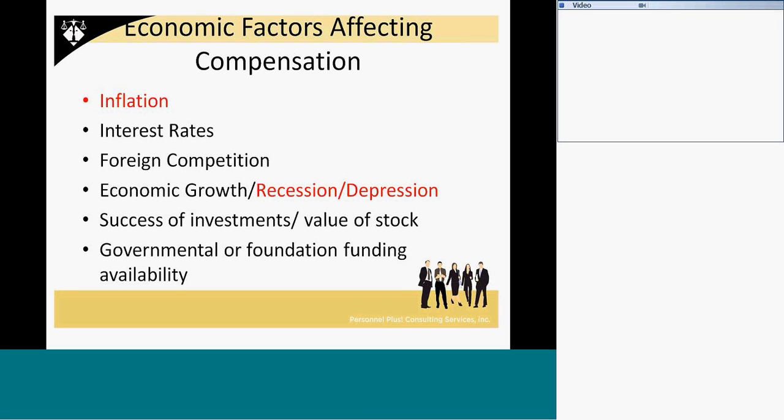Interest rates can certainly drive compensation. For example, here in the state of Montana, understanding that retirement is part of compensation, there are probably 20 bills in the legislature having to do with changing the retirement plan for government employees.